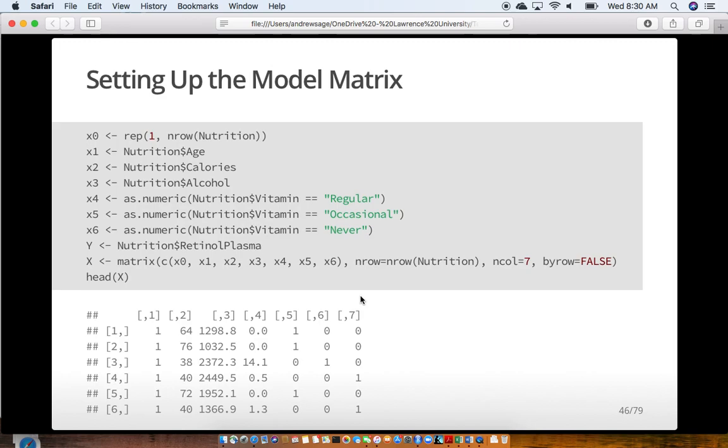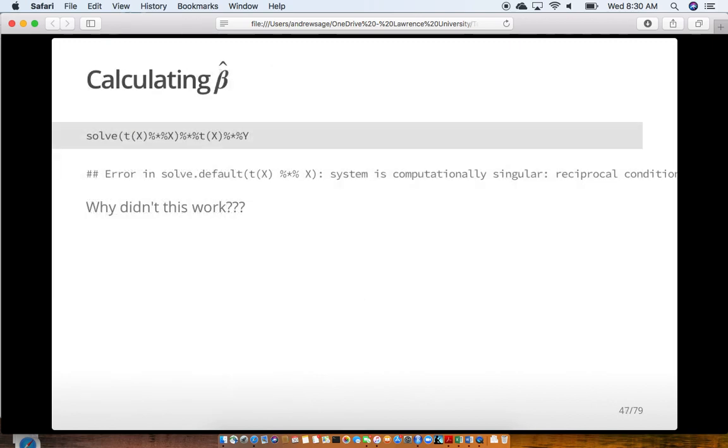So we can try to compute our vector of coefficients, our estimates of beta 0 through beta 6, using x transpose x inverse x transpose y. But if we try to do that in R, it spits back an error message. Why didn't this work?